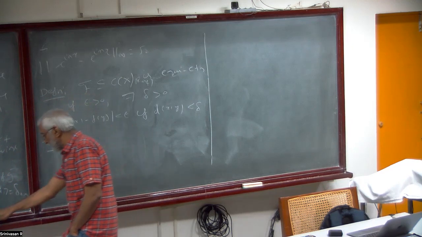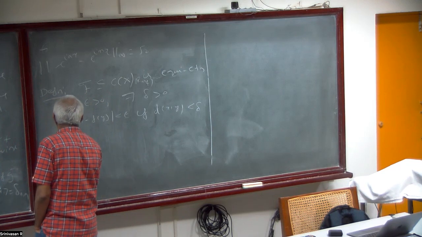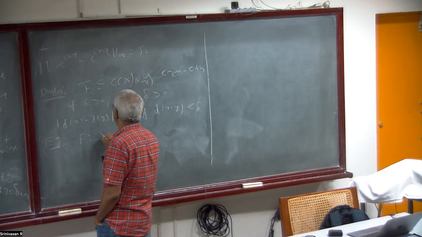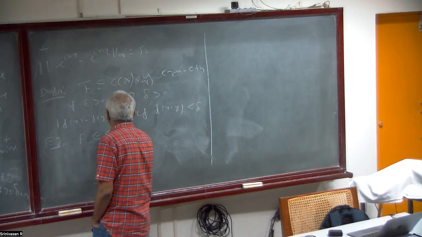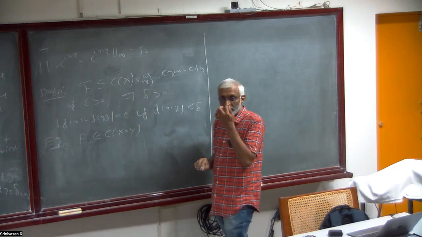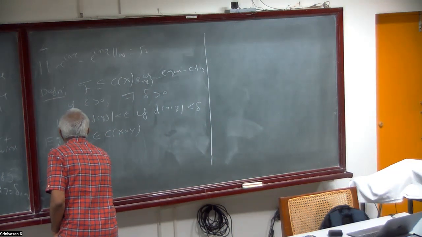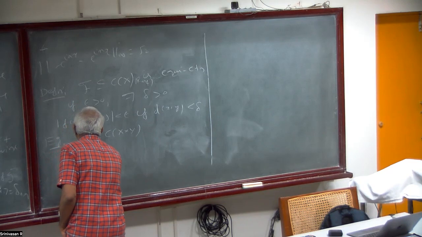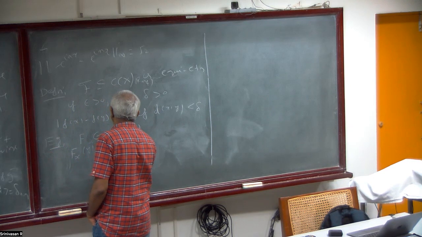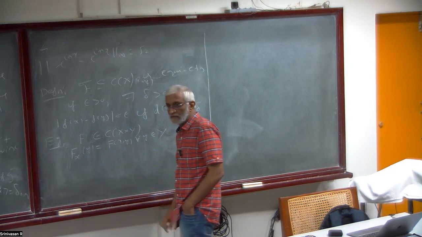So let's see an example of uniform continuity and equicontinuity. Say you have a single continuous function f in C(X cross Y). Then I define this class: f_x at y equal to f(x, y).